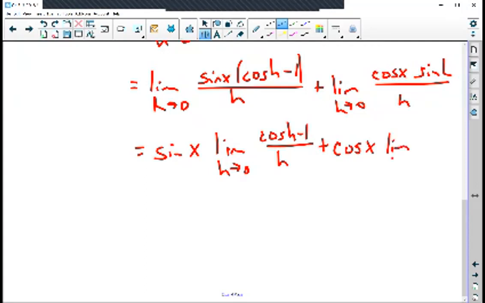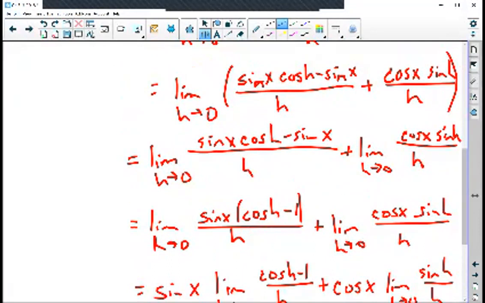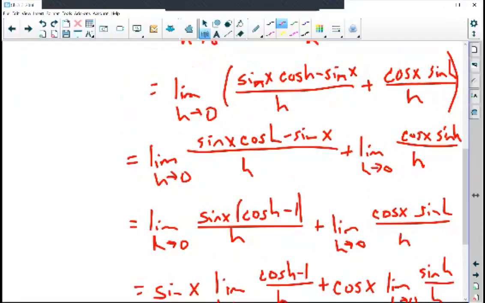How did you get sine x by itself? Give me 1 minute. I went from this step right here where I have sine x cosine h minus sine x, and I just factored out the sine x.